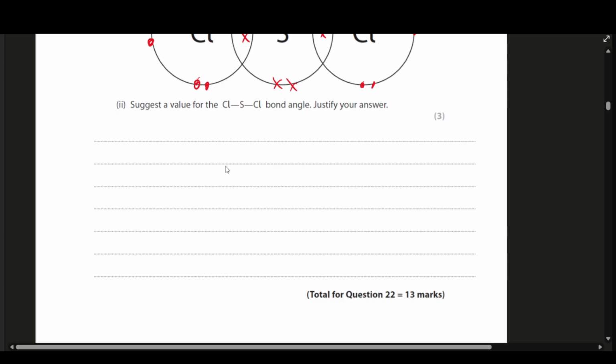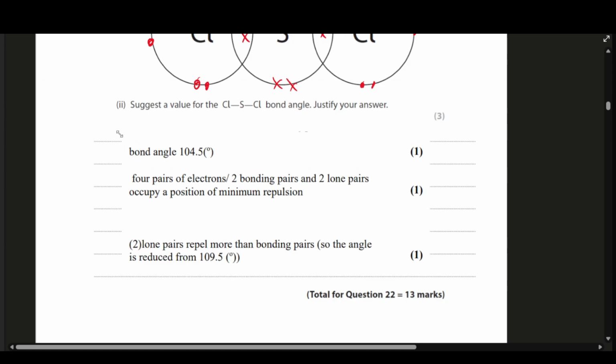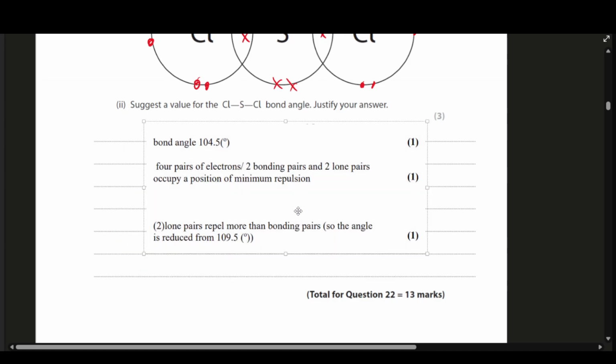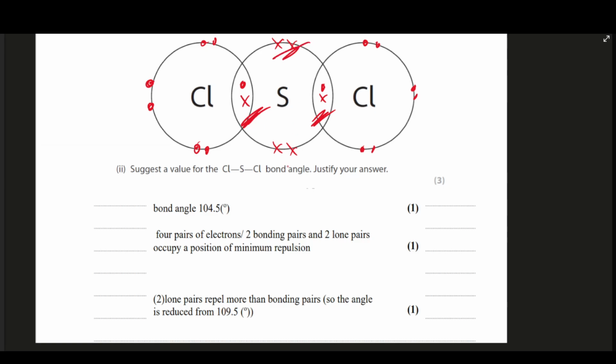This is very important: why is the bond angle 104.5? Because you need to check out one thing here. You need to check that there are two bond pairs and two lone pairs. Check this out.